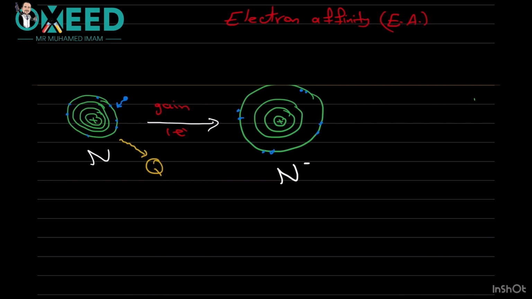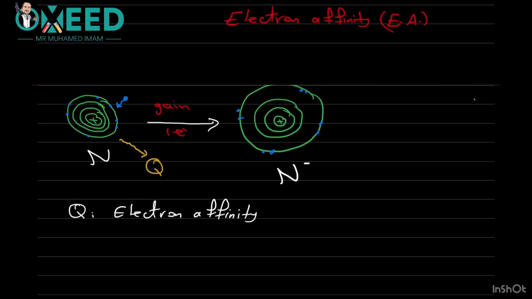So this quantity of energy here is the electron affinity. We can define electron affinity as the quantity of energy released when the atom gains electrons. So this is the electron affinity.